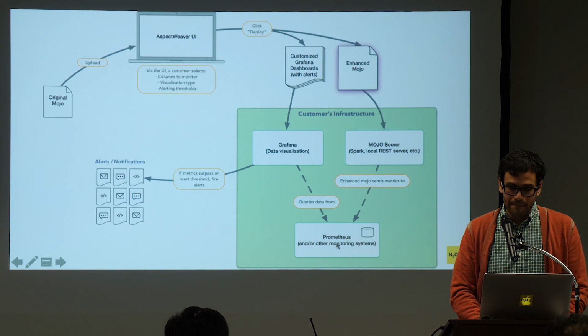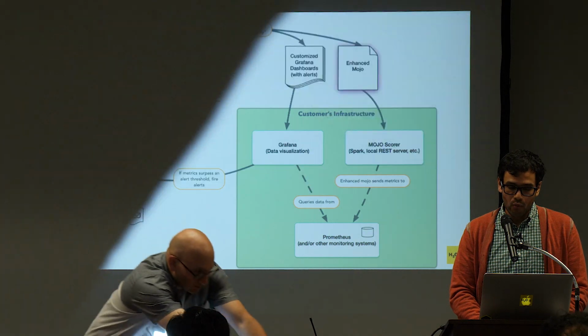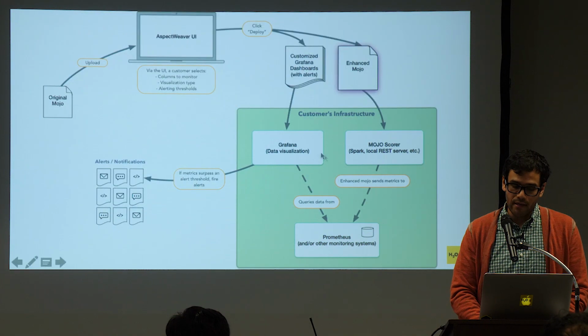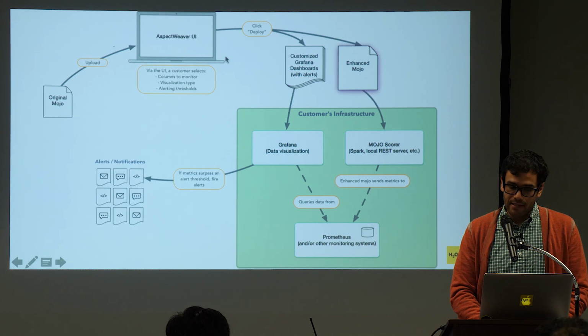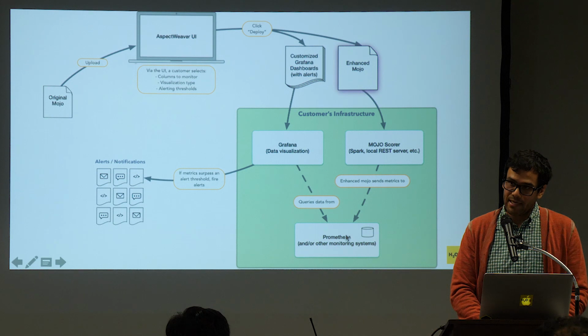Prometheus is really easy to set up, and so the interface would connect to your environment and recognize your metric store and also your data visualization tool. And so then this enhanced mojo, when it's generated, has that information encoded within it, so that once things start to score, that mojo broadcasts the metrics to the appropriate place within your environment, the environment that you already have set up.